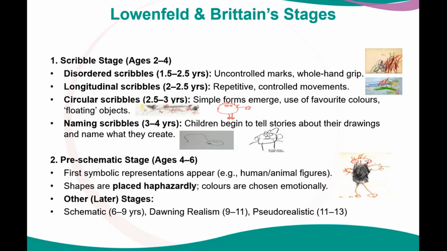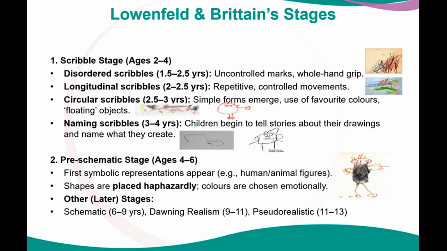At this age, the child has little or no control over motor activity and holds the drawing tool with the whole hand. Then longitudinal scribbles are for children aged 2 to 2.5. These are more controlled repetitions of motions, and children demonstrate visually an awareness and enjoyment of kinesthetic movements.